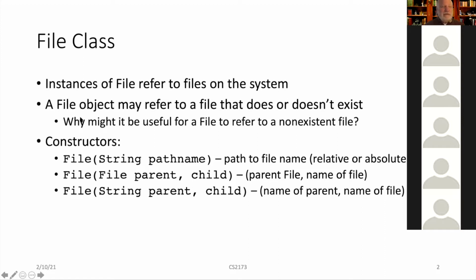Okay, so there are a number of different constructors. Java has a fairly sophisticated way of dealing with what are called locales. In other words, everybody here in this class is from the US, but in past classes, we've had students from other countries, and in other countries, there are different character sets and different conventions for representing numbers.